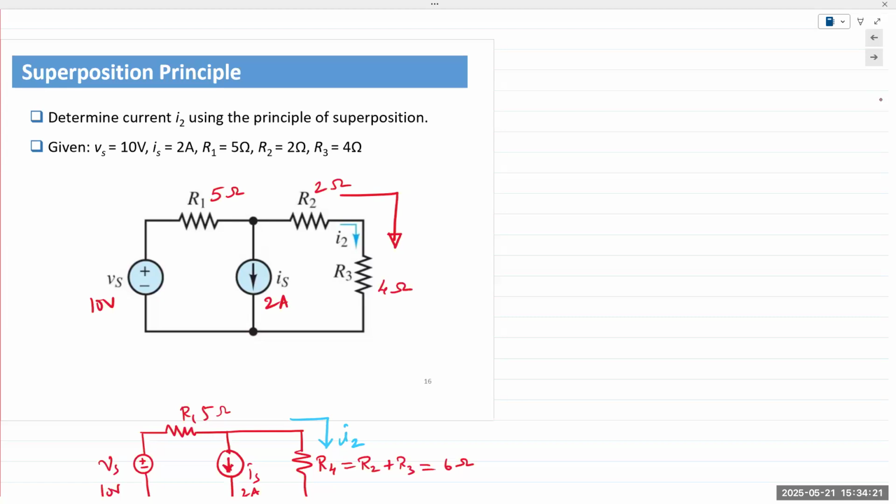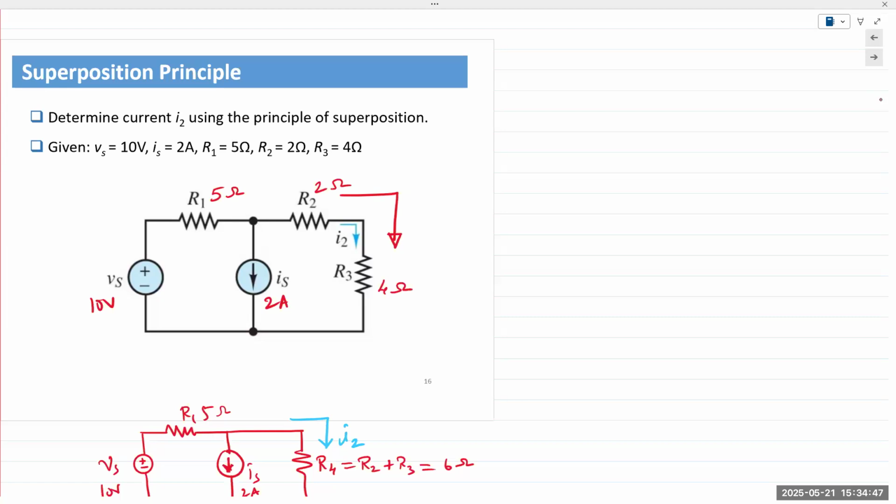If you have 2 sources, you need to analyze 2 times for each single quantity. Here we are only trying to find I2. If you wanted to find the voltage across all 3 resistors, you'd have to analyze them twice for each voltage. If we wish to find the current through each resistor, we need to analyze it twice for, again, the current for each resistor.